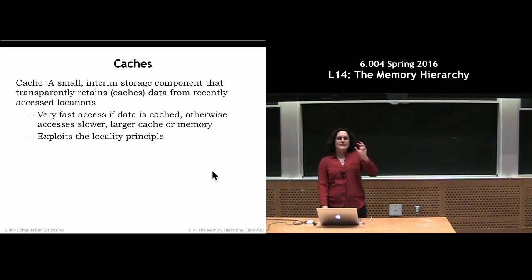And the idea is that if something is in your cache, then you're going to be able to fetch it very, very quickly. If it's not in your cache, you'll pay an upfront price once, but because of locality, chances are that you're going to need to access that location again in the not so distant future.